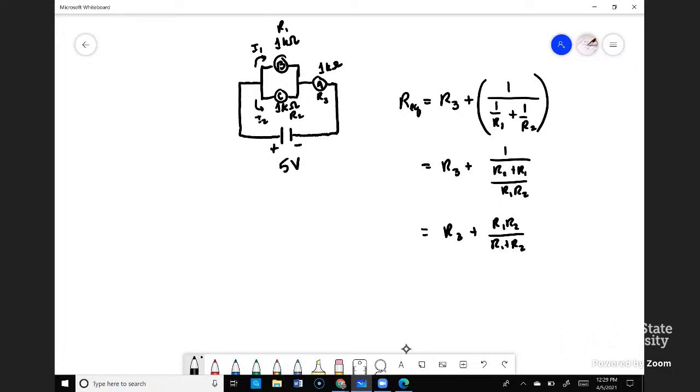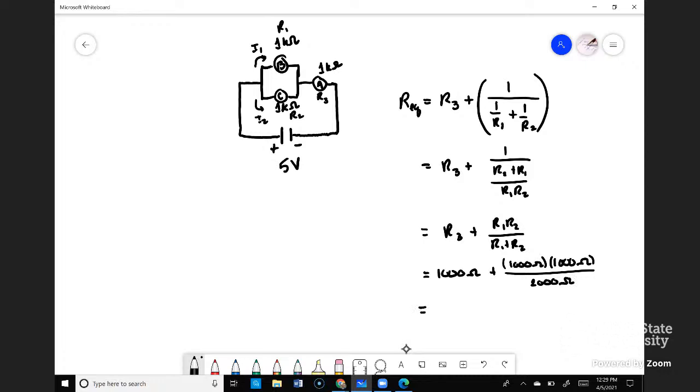Okay? And so this is going to be 1,000 ohms plus 1,000 ohms multiplied by 1,000 ohms all over 2,000 ohms.